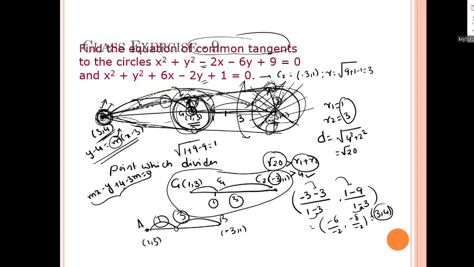This is the equation of a general line passing through 3,4. Now what should this line satisfy?